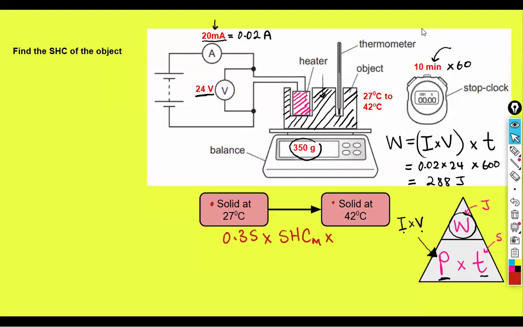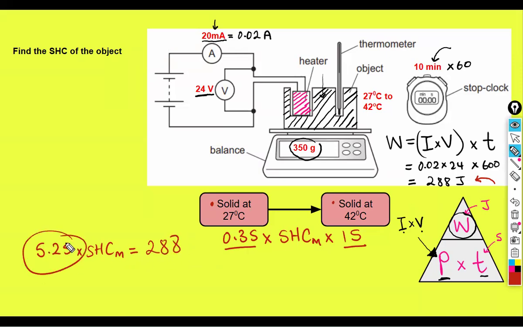I get the change to be 15. So that means if I multiply 15 by 0.35, I get 5.25 by the specific heat capacity of the metal. So this here represents the energy being gained by the metal, and that should be equal to the energy lost by the electrical system.